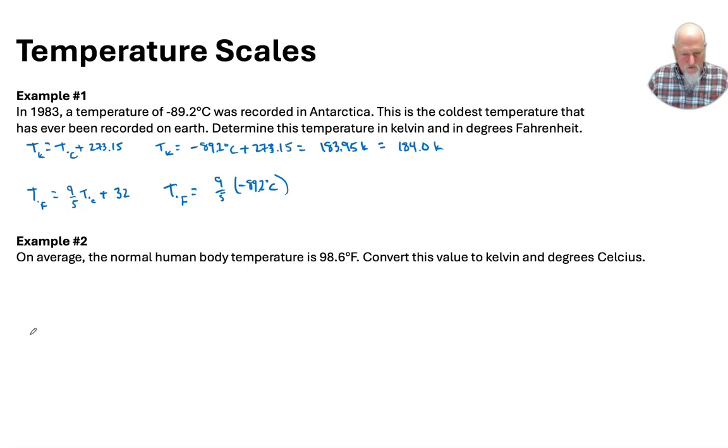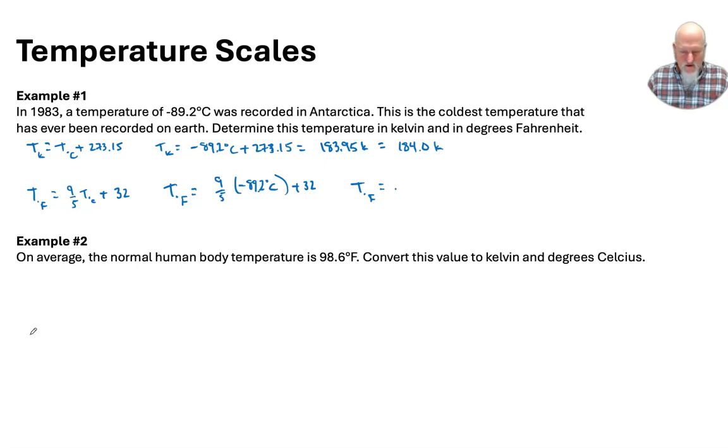And then I add 32. So I do this multiplication first, and then I do the addition. So 89.2 times 9 divided by 5, that's 9/5, plus 32. That 32 is an exact value.